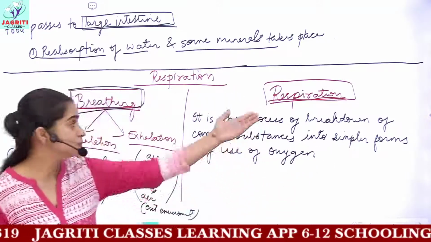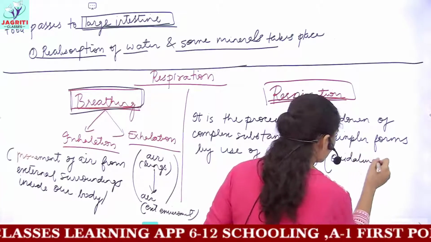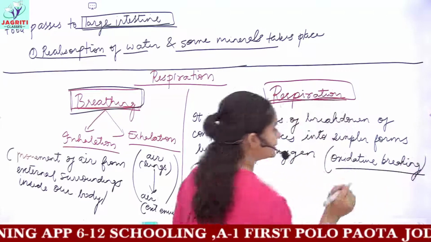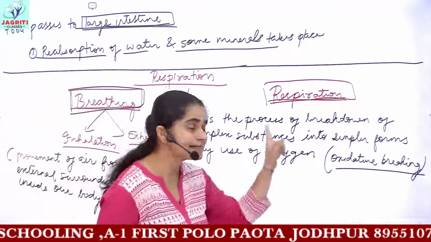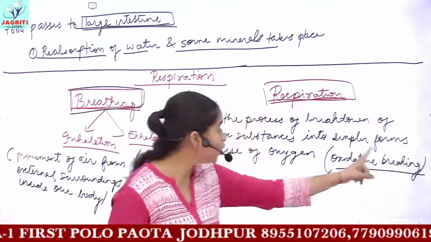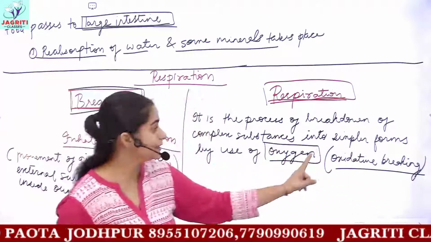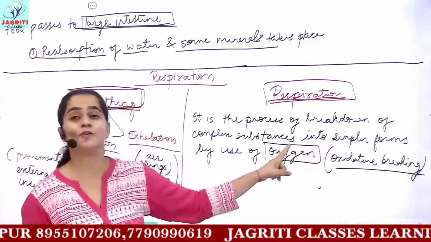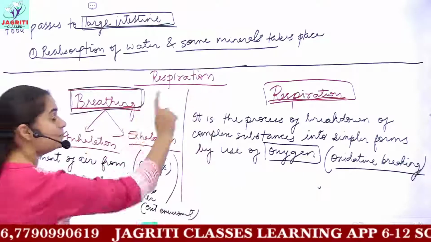Or you can say respiration is the oxidative breaking. In short, you can say respiration is a type of oxidative breaking of complex materials. That is, when your complex substances get converted to simple substances or simpler forms in the presence of oxygen. This oxidative breaking, or this process of conversion of complex material into simpler material in the presence of oxygen, is called respiration. So this is the main difference between breathing and respiration.